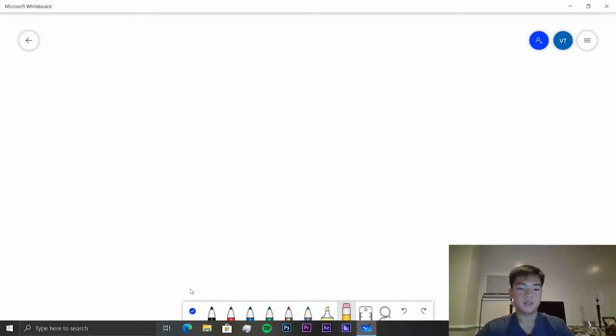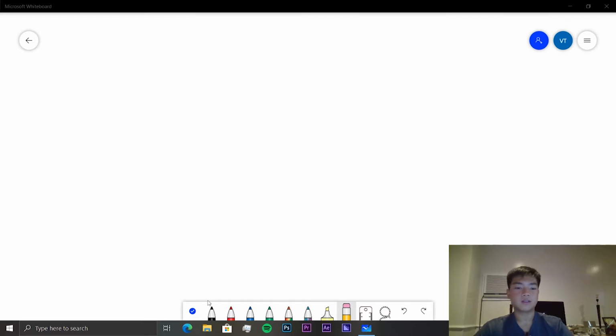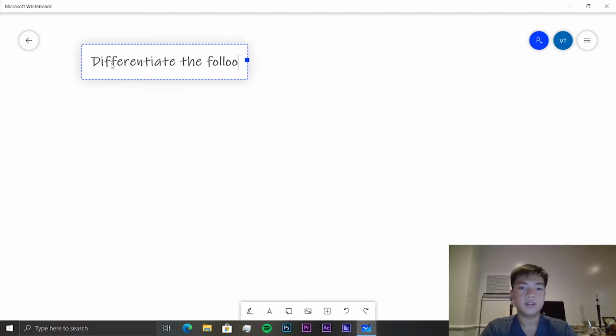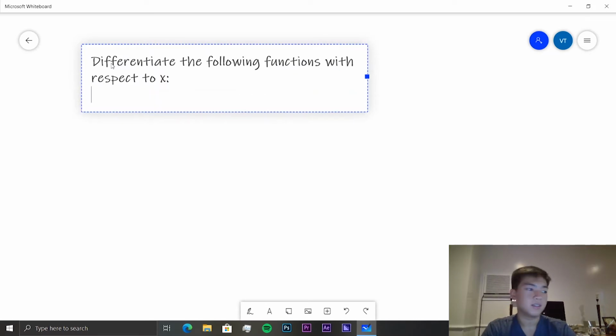The first question we're going to go through, I'll do the odd ones. Differentiate the following functions with respect to x. The first one is y is equal to 3e to the 5x plus 4.